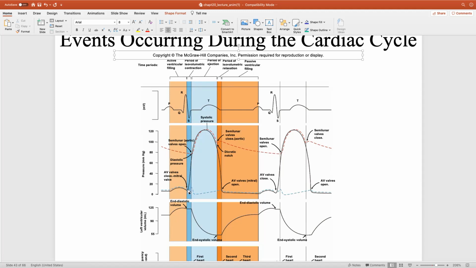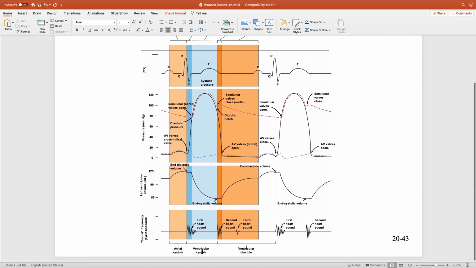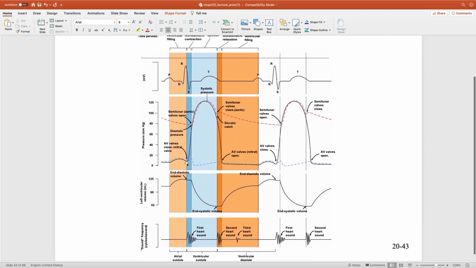As it starts to contract, remember, it's already filled up with all the blood it can, right? So at the very start of our contraction of the ventricle, the contraction of the ventricle is called ventricular systole or just systole. So at the start of systole, the left ventricular pressure is very low.